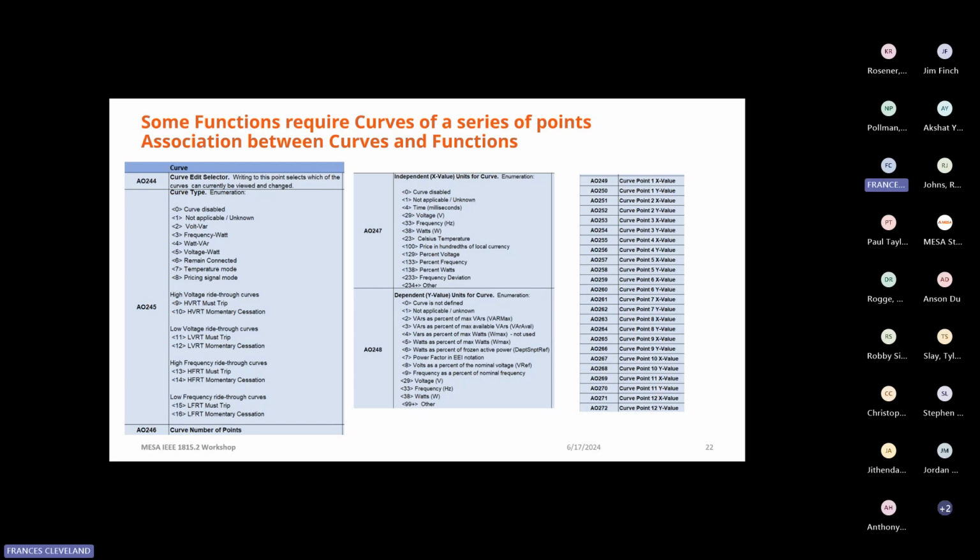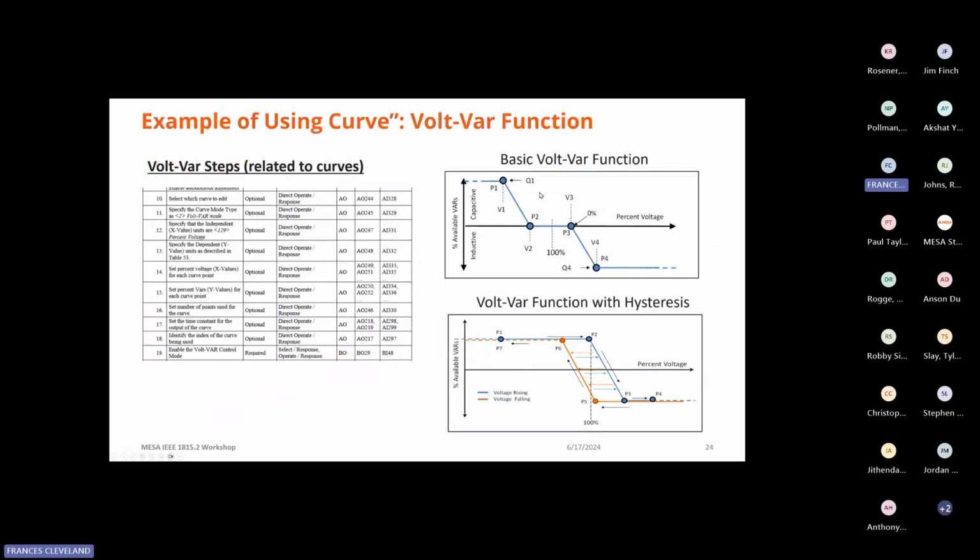In a particular function, you could have a set point, and so that would be one DNP3 point. But if you have a curve, and let me just go to this diagram here, you can see a basic volt-var curve, and it consists of multiple points, or if it's even more complex, it can consist of quite a few points.